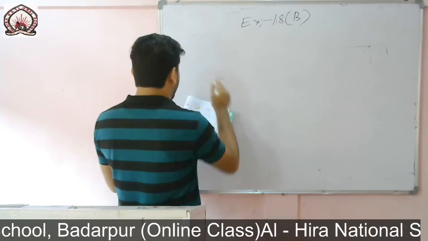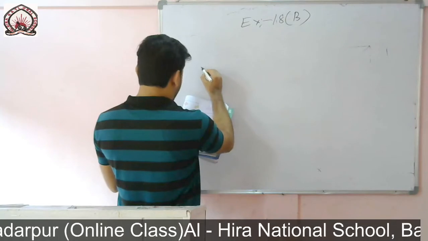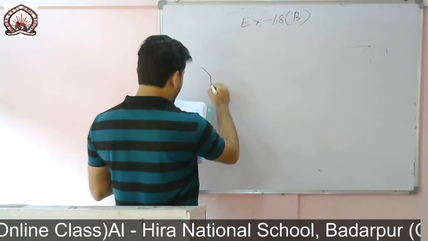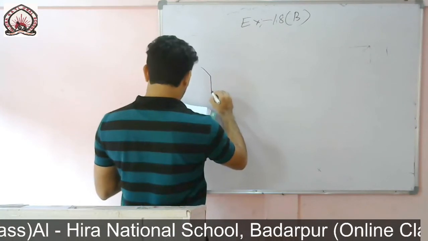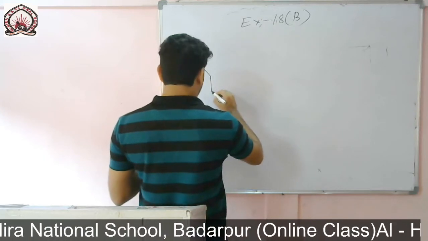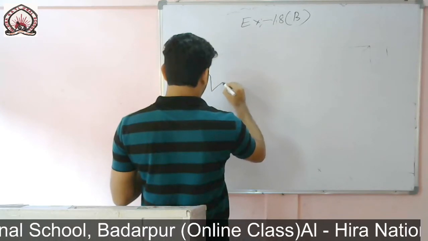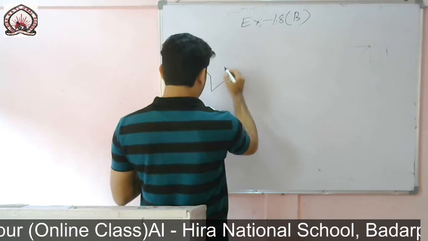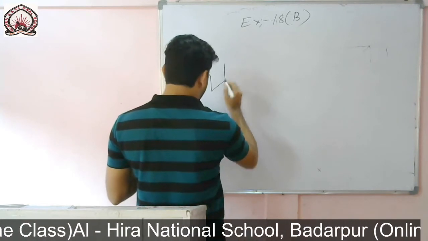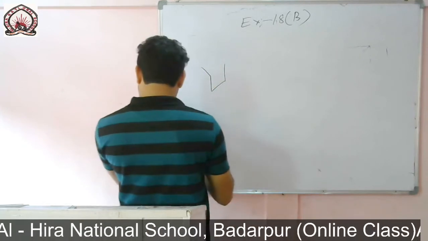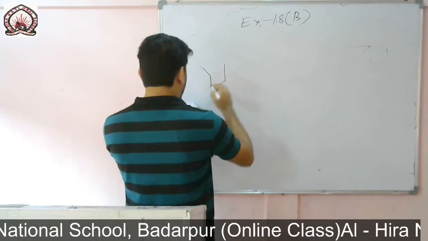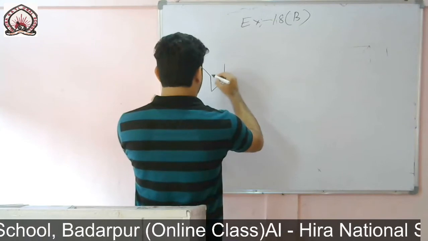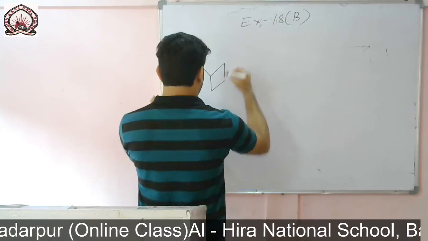So the first one is given like this. Now I have to make a cuboid. So you add like this.